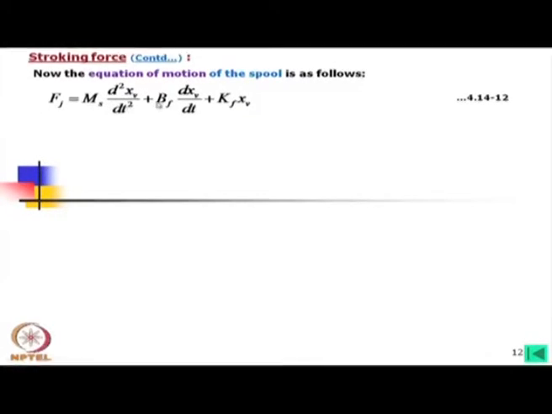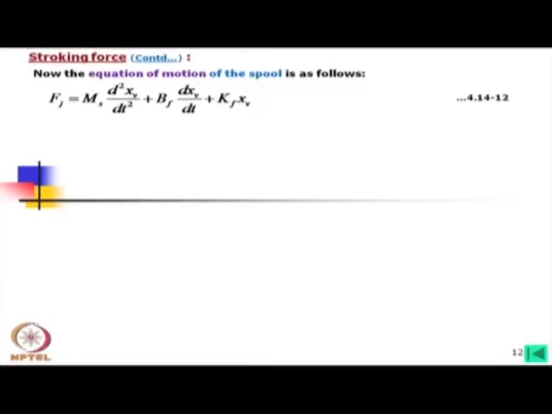So, that force plus there will be dx by dt. This is the damping force, fluid damping, and here is the spring force. Please note, we have considered the spring force, that is Kf into xb, but this spring we are considering the fluid spring, not the mechanical spring, which is also there in the spool valve, normally.